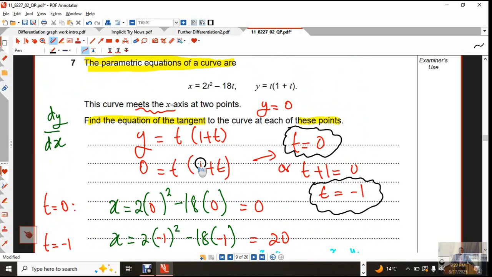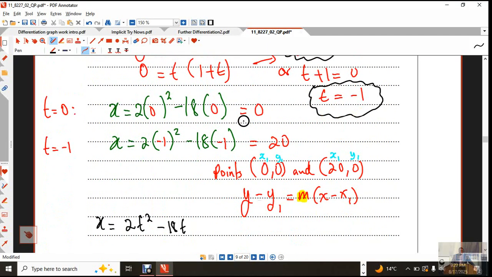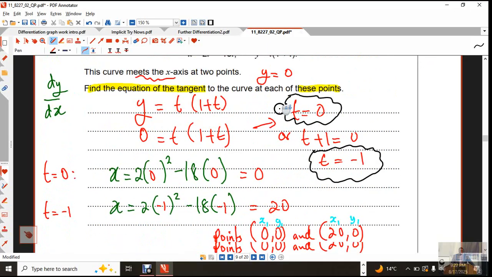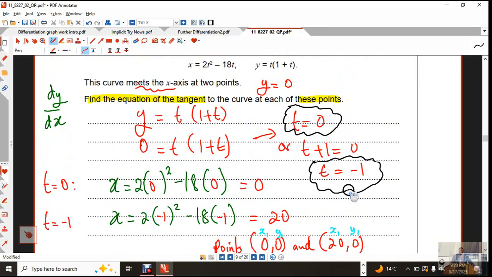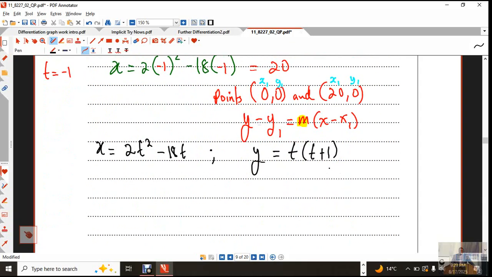Let's also write y in the same line. y is equal to t times (t minus 1), or was it t plus 1? Let's make sure what the value of y was. In fact, I just rewrote it, but it doesn't really matter. Let's just multiply these out. So this is t squared plus t.